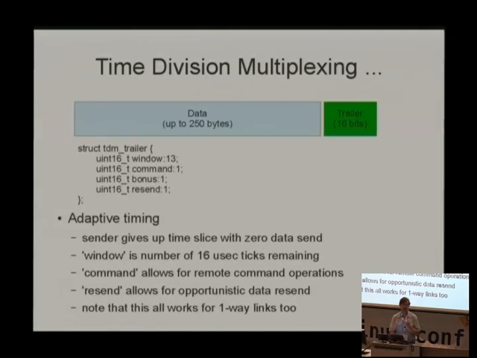He's only got a few bytes, occasionally sending a command and a heartbeat, that sort of thing. So what he does is send a packet with the bonus bit set, and the bonus bit says, I'm yielding the remainder of my time slice to the other end. And that means the other radio is then able to transmit not just for the remainder of the first radio's time slice, but also right through the silence period and right up through their next time slice.